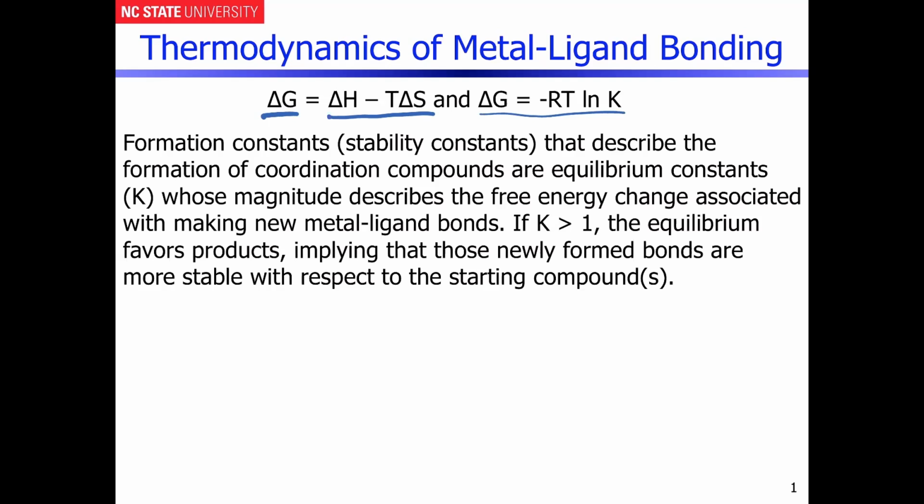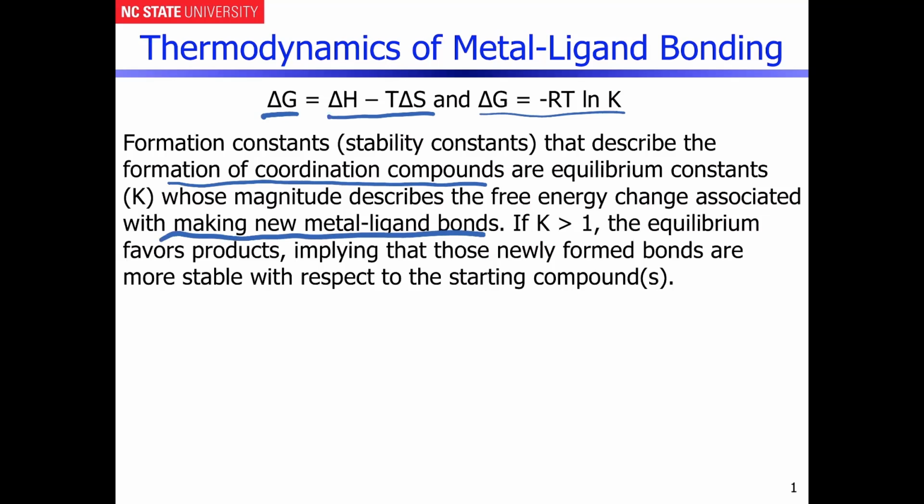Formation constants are also known as stability constants, and they're effectively just equilibrium constants, but they describe the formation of coordination compounds from typically the aqua starting materials, because most of these reactions will take place in aqueous solution. But the equilibrium constants are really giving you a relative idea of the free energy change associated with the reaction in making new metal-ligand bonds.